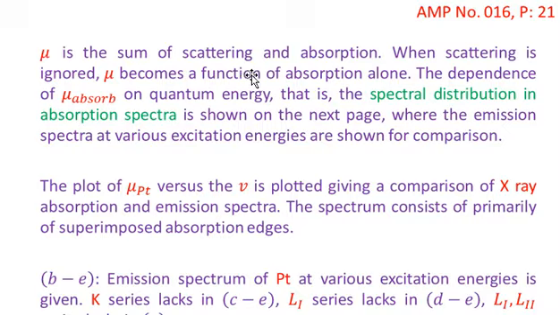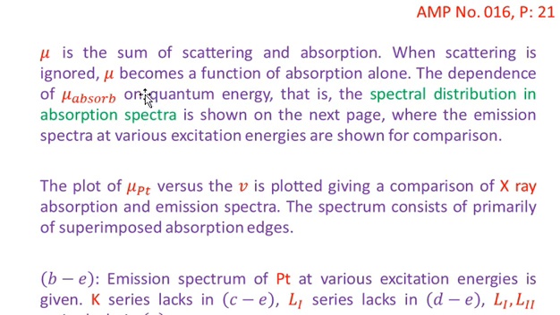Mu is the sum of scattering and absorption. When scattering is ignored, mu becomes a function of the absorption alone. The dependence of mu absorption on quantum energy, that is the spectral distribution of the absorption spectra, is shown on the next page.